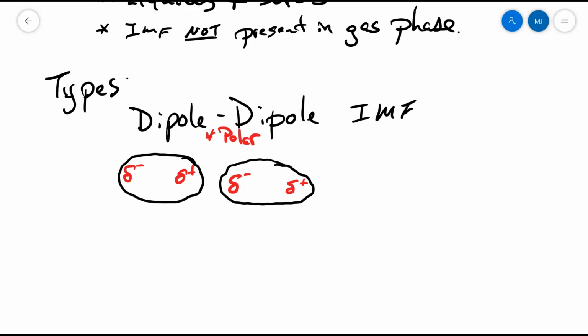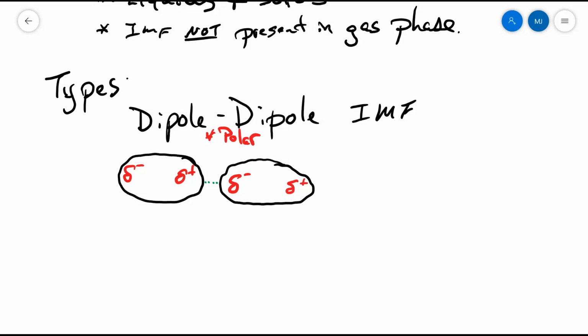And so there's an attractive force between the two molecules. That is the dipole-dipole intermolecular force. That type of intermolecular force is pretty easy to understand.